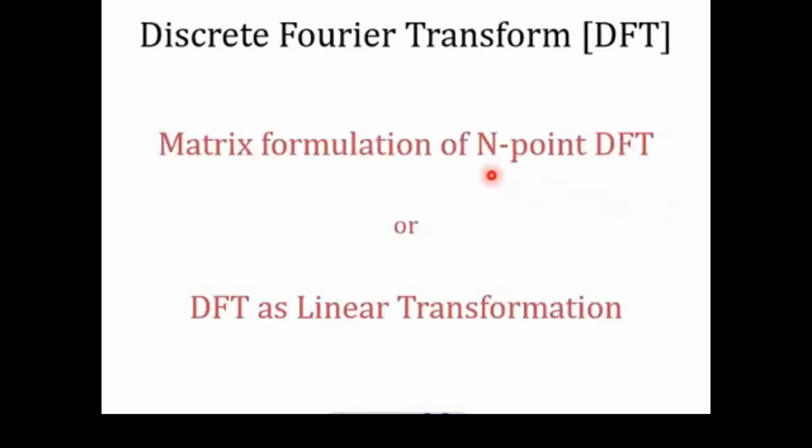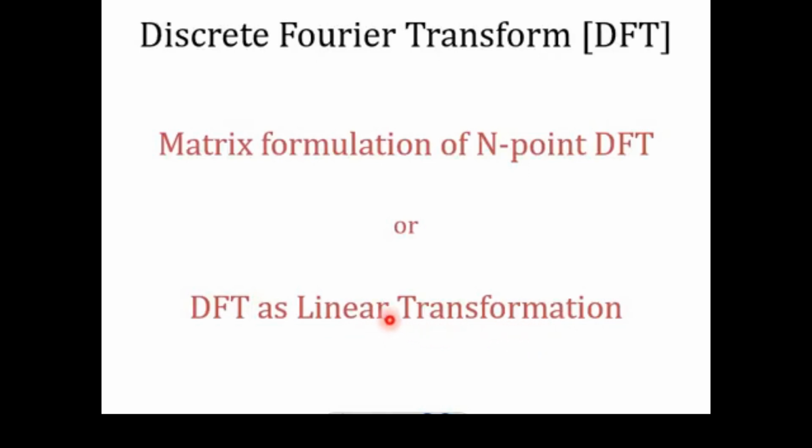In this lecture, we will represent the N-point DFT equation in the form of matrices, because matrix math is much easier to compute than solving the DFT equation in a standard format. And the same topic can also be taken as a linear transformation. I hope all of you are already familiar with this terminology of linear transformation, which is covered in a linear algebra course.